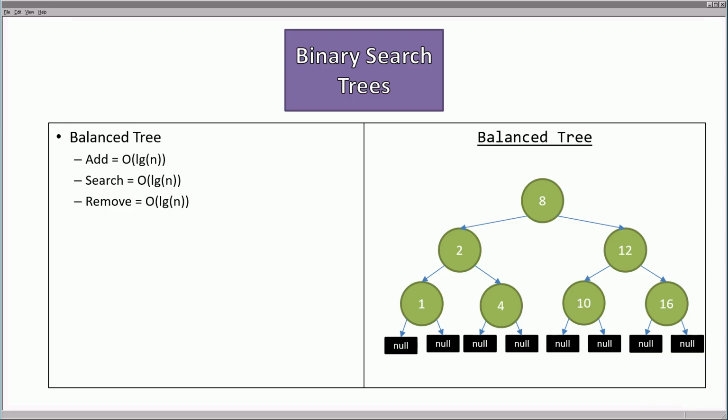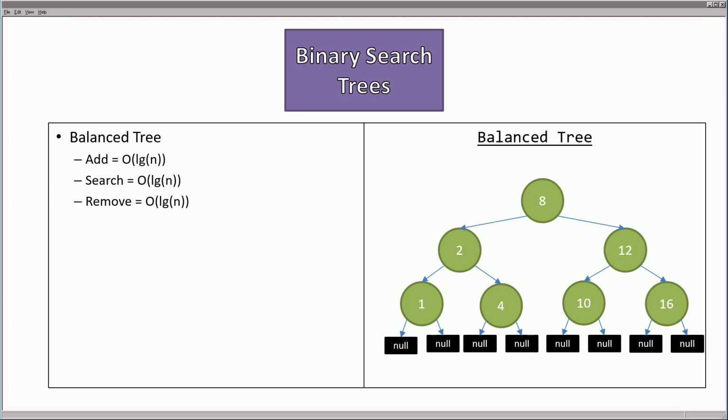So with our example where we were adding 17, we have to traverse 1, 2, 3 edges before adding it. Now for searching for something, same idea. Log base 2 of n operations to find something. And same thing for remove. Log base 2 of n operations to remove an element from a tree.